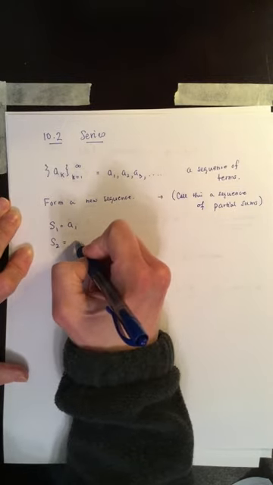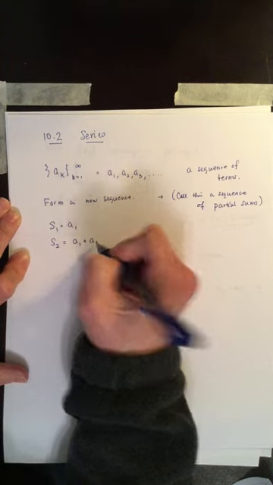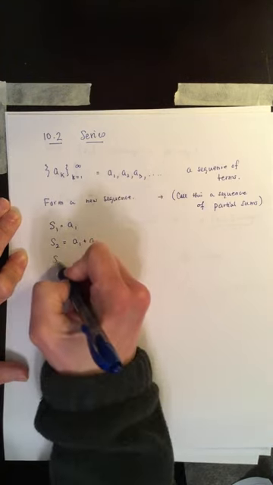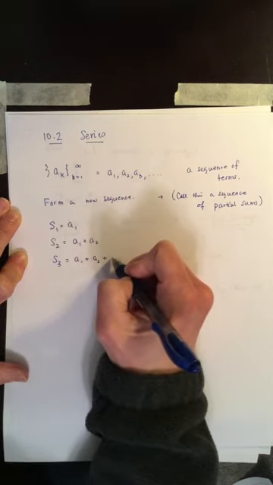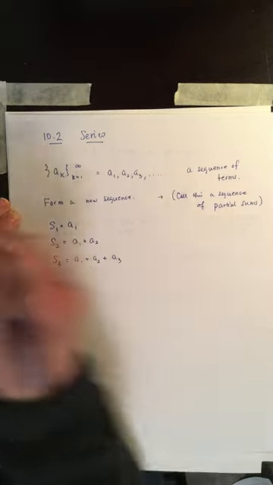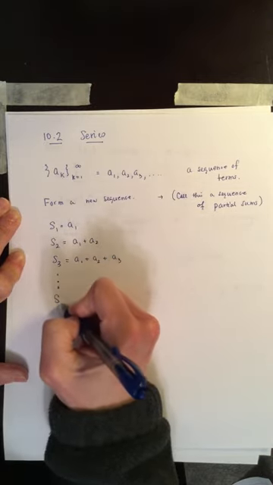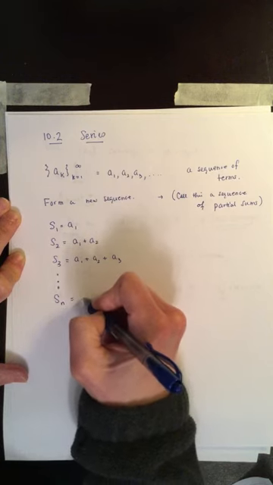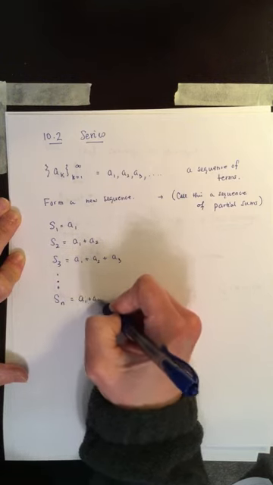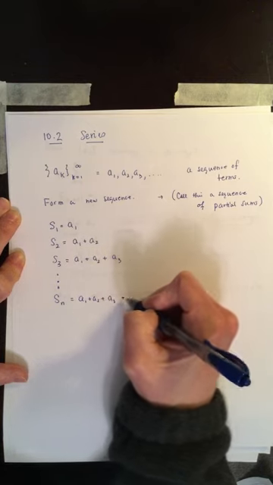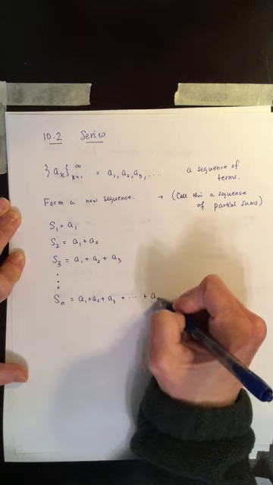S sub 2 will be a sub 1 plus a sub 2. S sub 3 will be a sub 1 plus a sub 2 plus a sub 3. And that pattern will continue so that the nth partial sum, denoted S sub n, will be a sub 1 plus a sub 2 plus a sub 3, and we'll keep adding the terms of the sequence that we have.